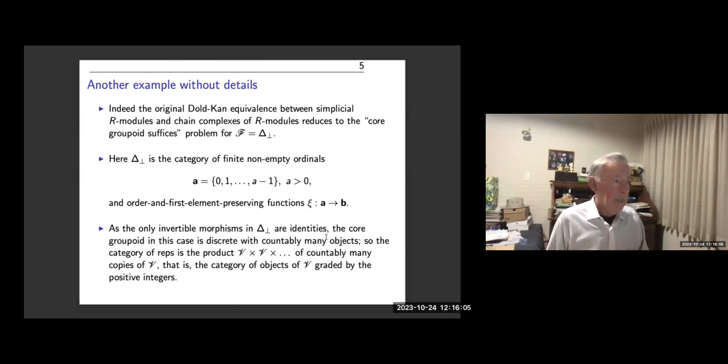So the original Dold-Kan theorem, probably people know, the category of simplicial R modules is equivalent to the category of chain complexes of R modules. And that's a nice theorem of Dold and Kan and Puppe to some extent.